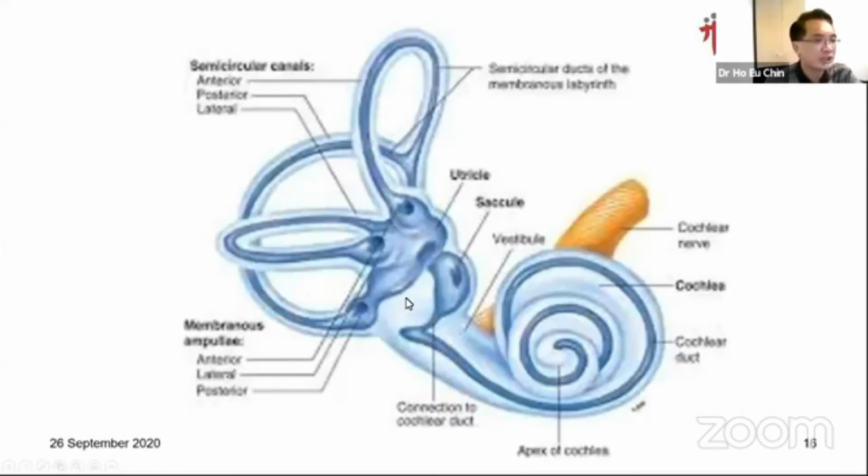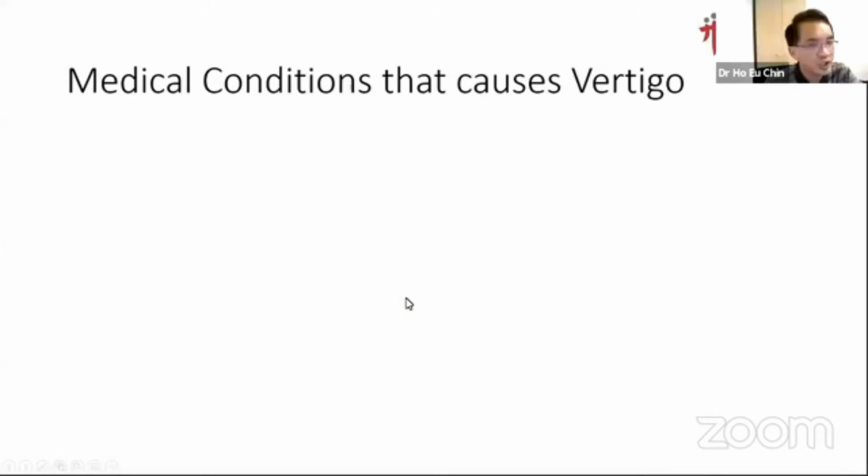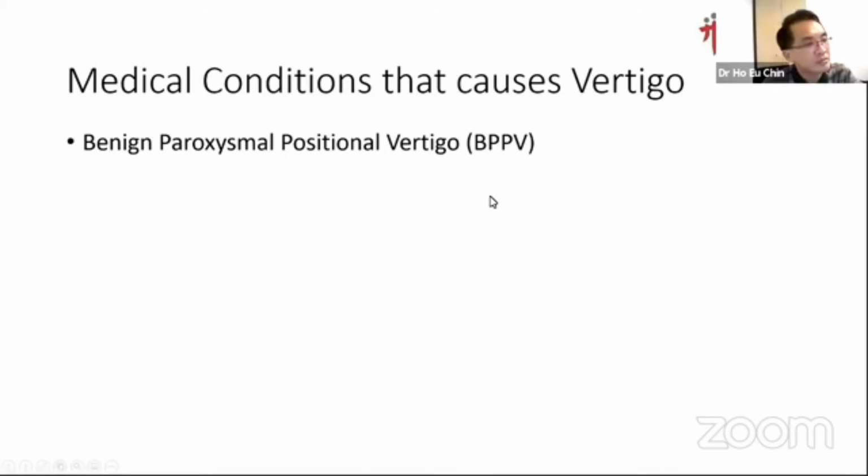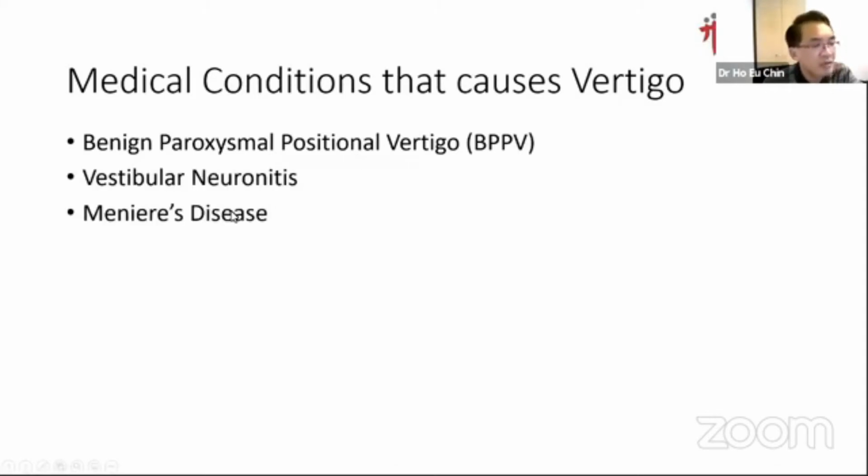Okay. So let's move on to things that are more relevant to you. I'm going to cover 5 of the commonest medical conditions that cause vertigo. I'm sorry about the grammatical error here. The first one is going to be what we call BPPV, or benign paroxysmal positional vertigo. That is pretty common. Vestibular neuronitis, Meniere's disease.